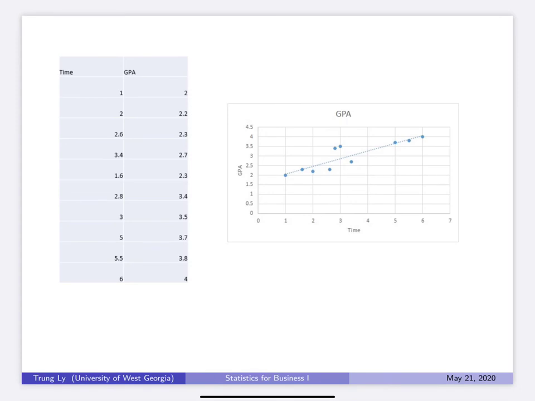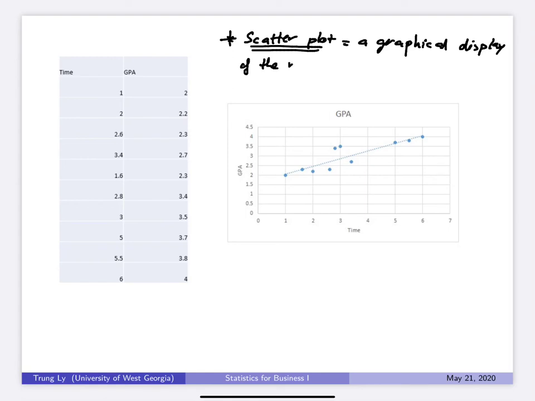Finally, we want to be talking about scatter plot and trend line. A scatter plot is a graphical display of the relationship between two variables.